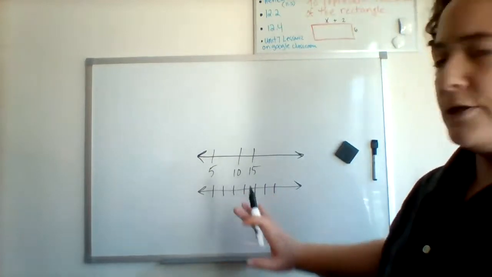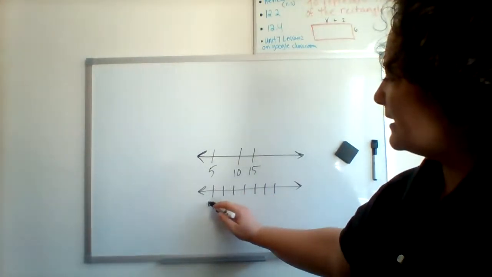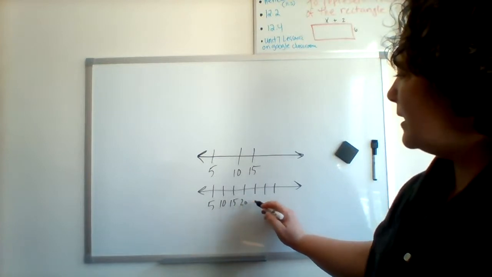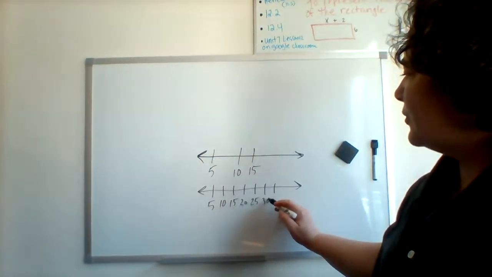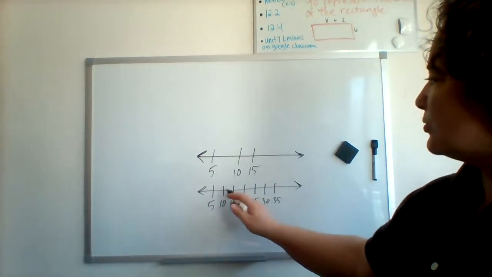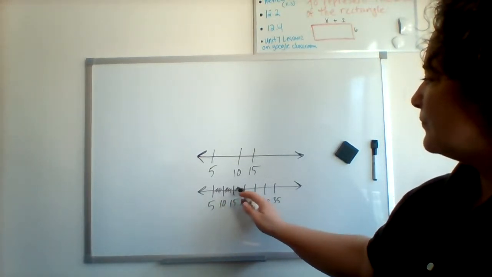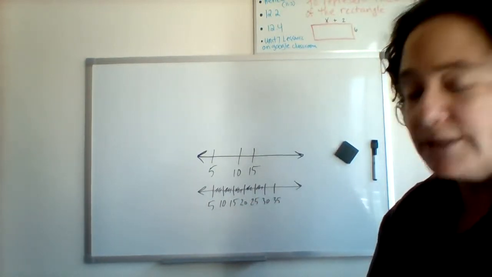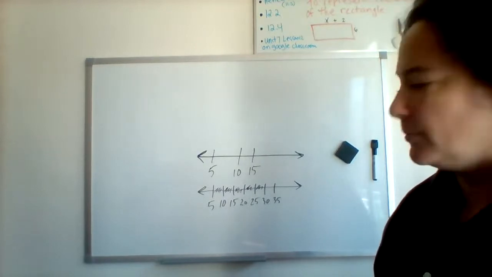But it's much more consistent, and then I can adequately show 5, 10, 15, 20, 25, 30, 35. Okay? It shows the spacing is pretty much equivalent. And that's the goal with a double number line.